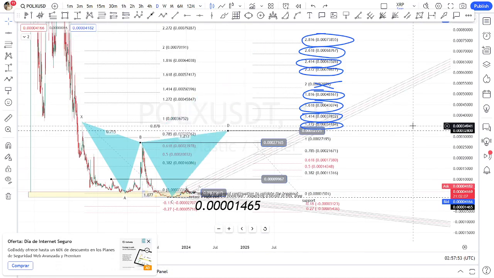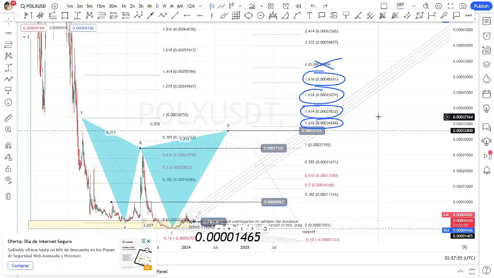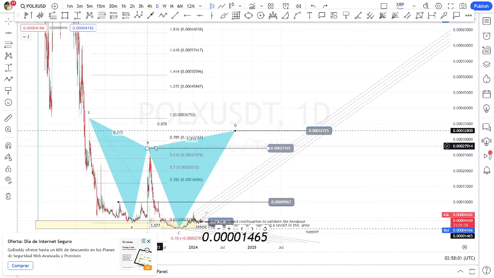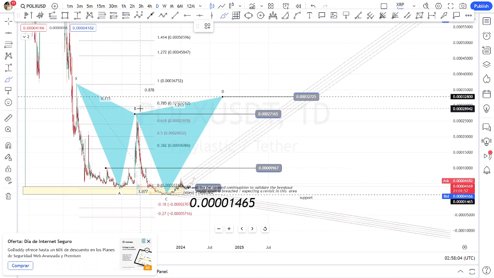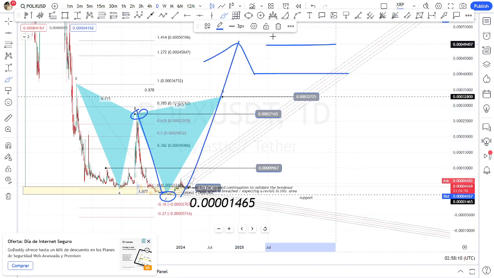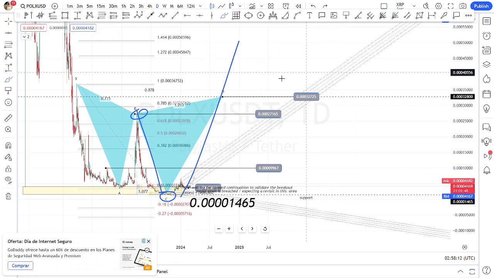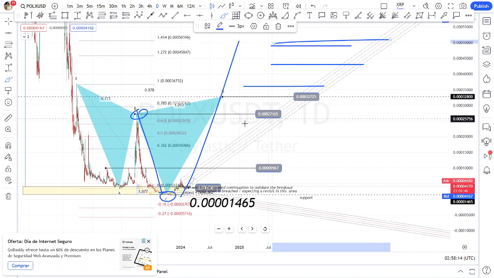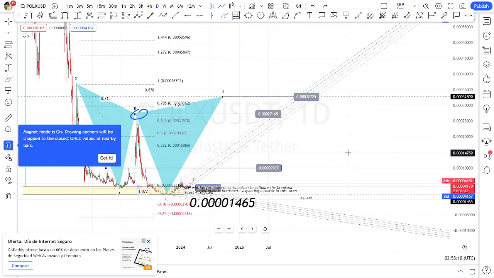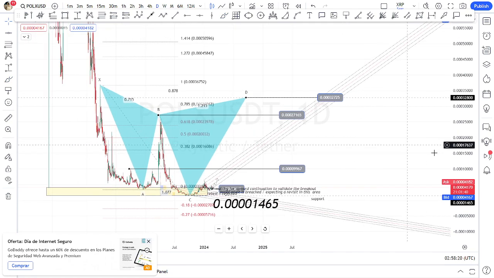But let's not remove the possibility, since it is part of the Fibonacci level of this point A and point B. So that's the Fibonacci projection of the levels. We have levels that are projected by the Fibonacci, so it is still part of the potential targets.